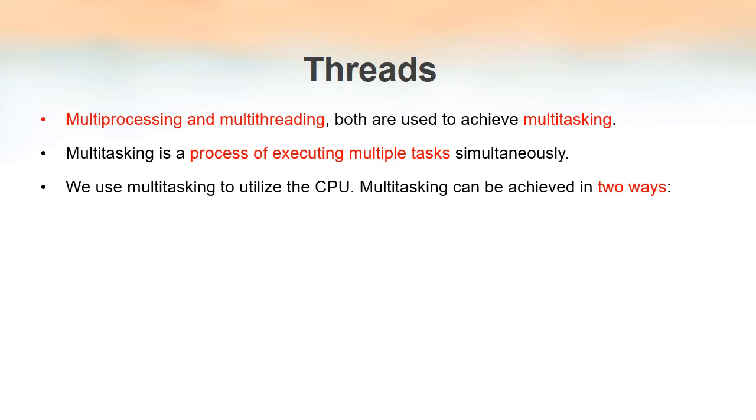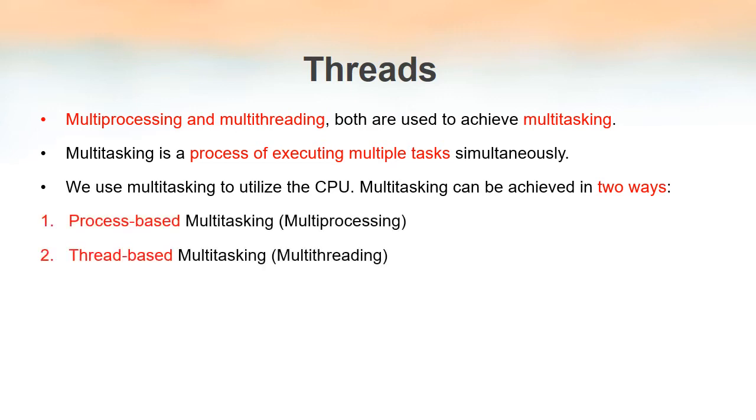We must give the CPU more and more work at the same time. So multitasking is used to utilize the CPU to its maximum. Multitasking can be achieved in two ways: by processes, or by threads. So multi-threading means we are implementing multitasking in terms of threads.